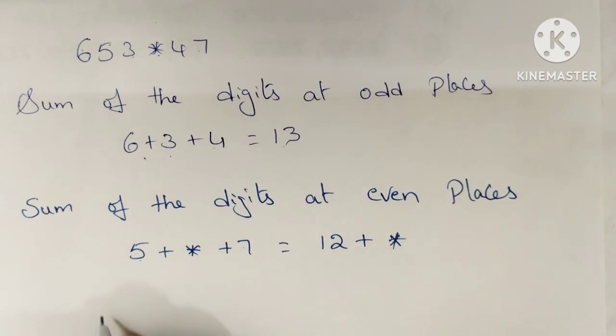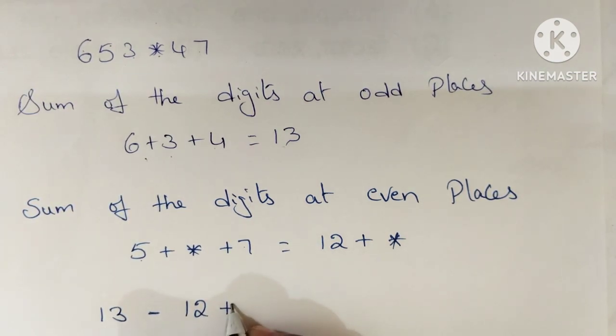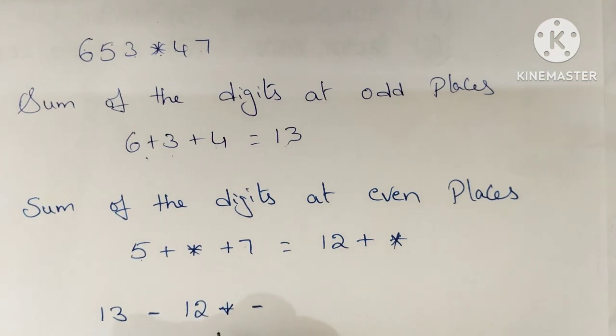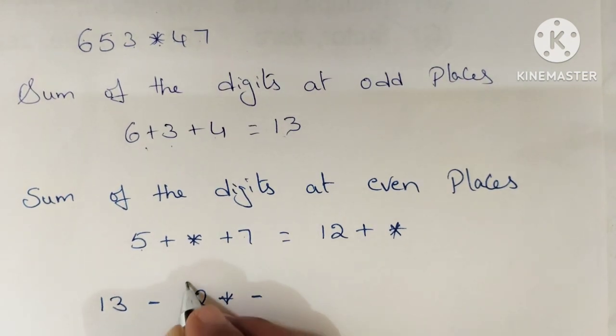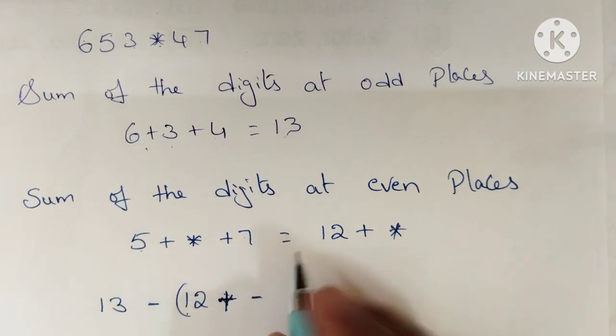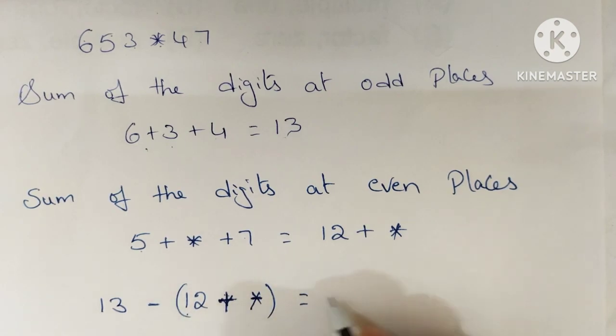So, the difference, that is the sum of the odd places minus the sum of the even places, 13 minus (12 plus star), is equal to either 0 or 11.